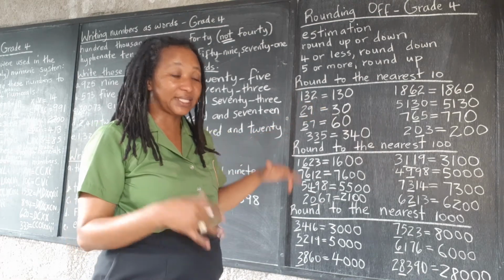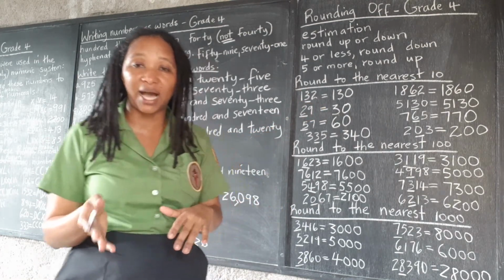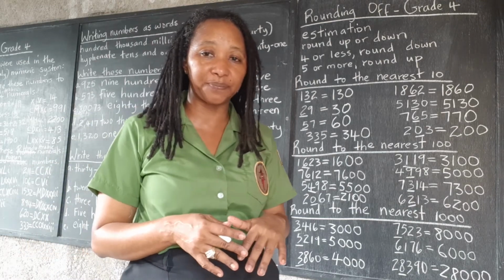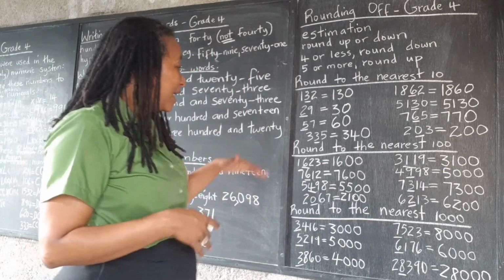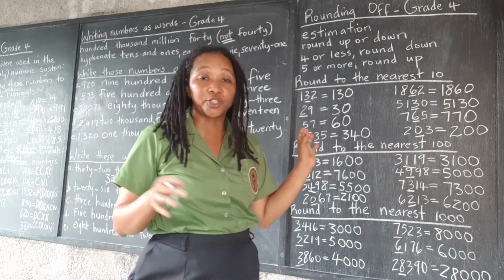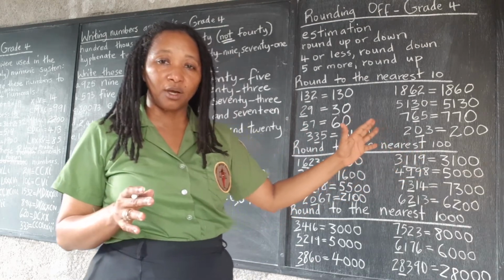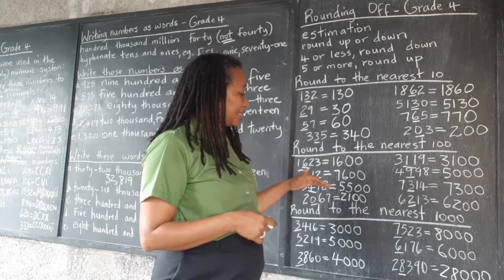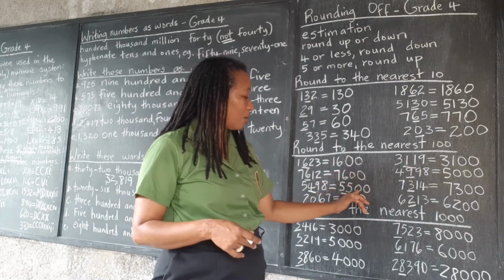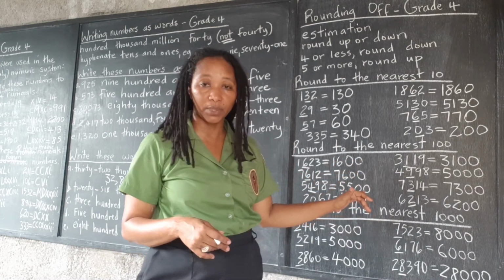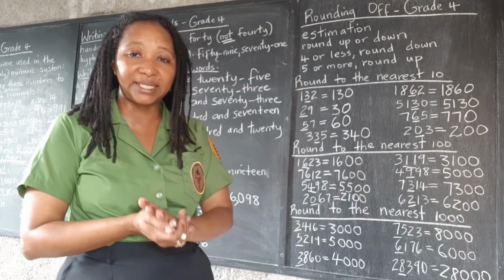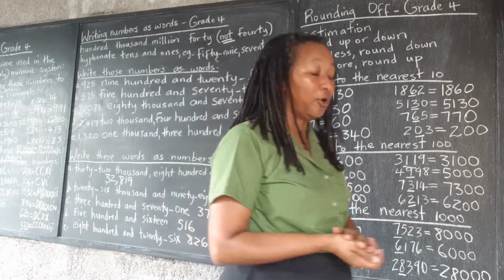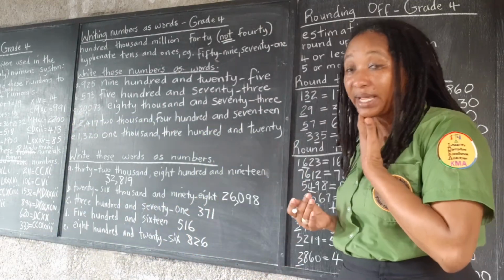If it is less than 5, we're not going to add 1 to that place. Whether we add 1 or not, everything to the right of the place that we're rounding to, we will replace them with placeholders. Okay, so those are the basic principles of rounding.